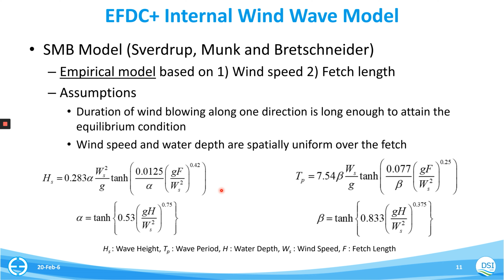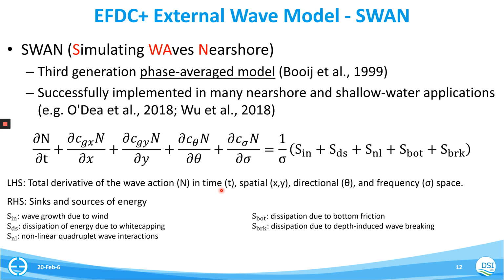So EFDC Plus provides the users another option, the external wave model, and for this EFDC Plus is using SWAN, which stands for Simulating Waves Nearshore. This is a third generation phase-averaged wave model, and it's been generally used for different kinds of nearshore or shallow water applications.